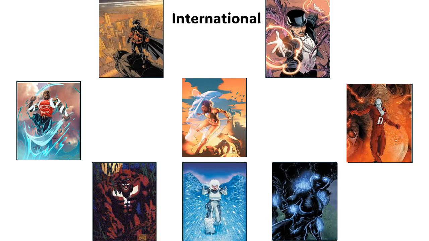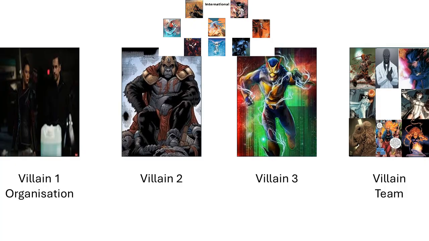But they are called the International Team, so the Villain One organization, and I mentioned this in their team lineup, would be dealing with quite grounded but still international threats like terrorist organizations and stuff like that.